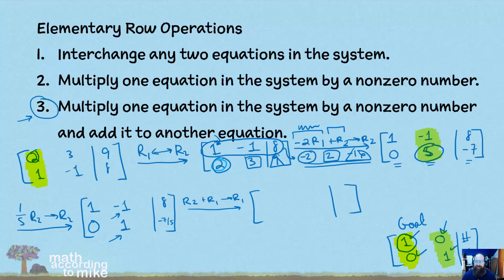I don't need to do anything off to the side here because I'm not multiplying the second row by anything special. So 0 plus 1 makes 1. 1 and -1 makes 0. -7/5 plus 8, well, 8 is 40/5, so 40/5 minus 7/5 is 35/5. And then I'll just copy in the second row.